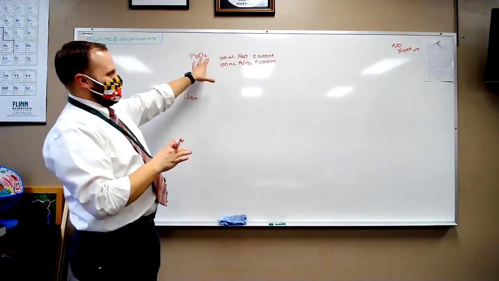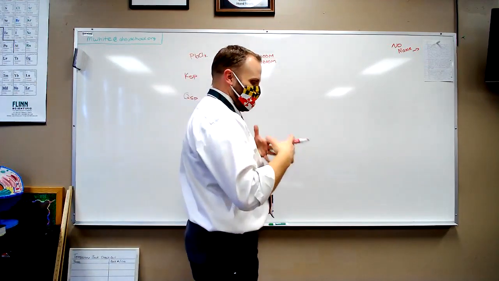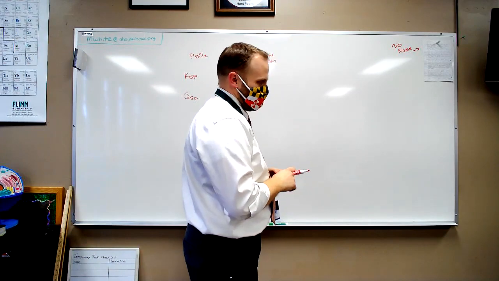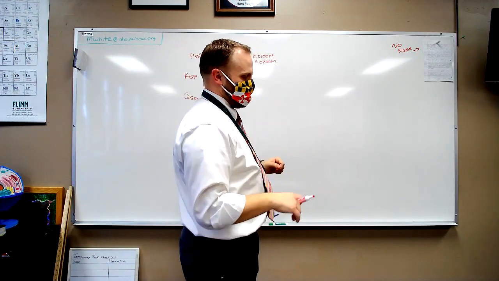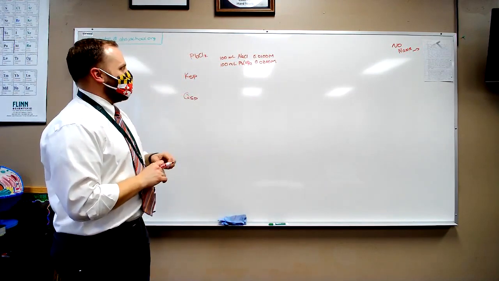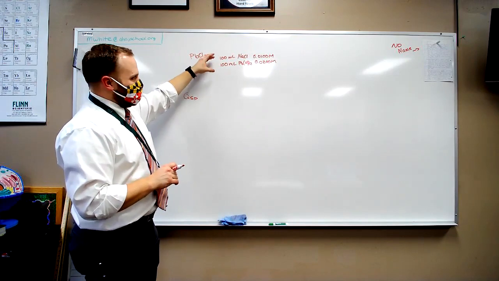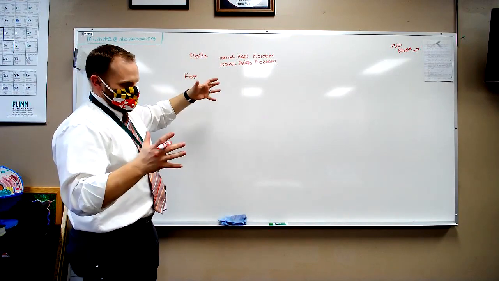Now, if it's not equal, then you have to do a little bit of stoichiometry type problems. I guess not really stoichiometry, just some unit multipliers, where you have to figure out how many moles did I add of this, and what's our new volume?